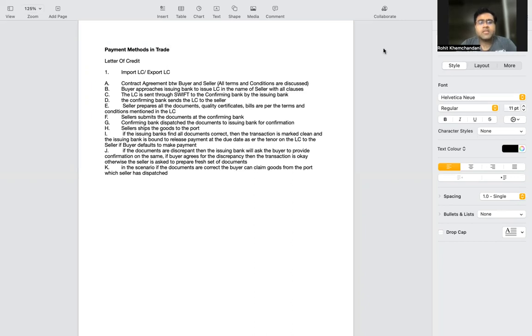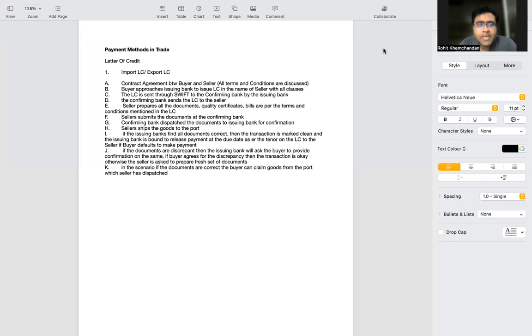Now, if there are some issues with the documentation prepared by the seller, the issuing bank will take the buyer's confirmation, because buyer and seller worked on all the terms and conditions while the contract agreement was done.